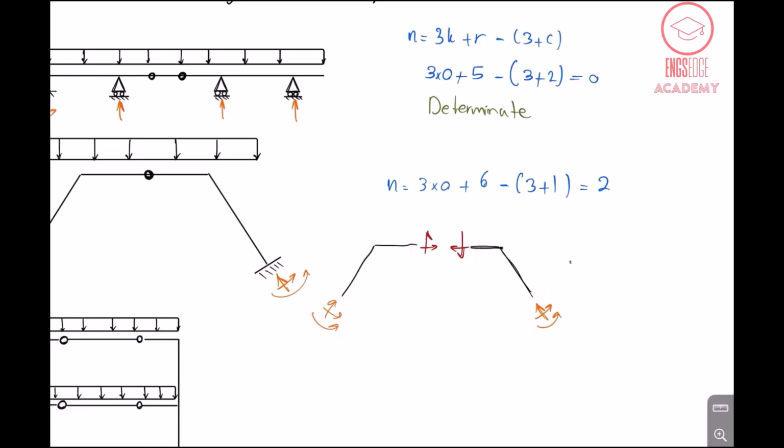That's 8. And the number of equations is 2 times 3 equals 6. So again, 8 minus 6 is equal to 2, meaning the degree of indeterminacy is 2. So, this structure is indeterminate.